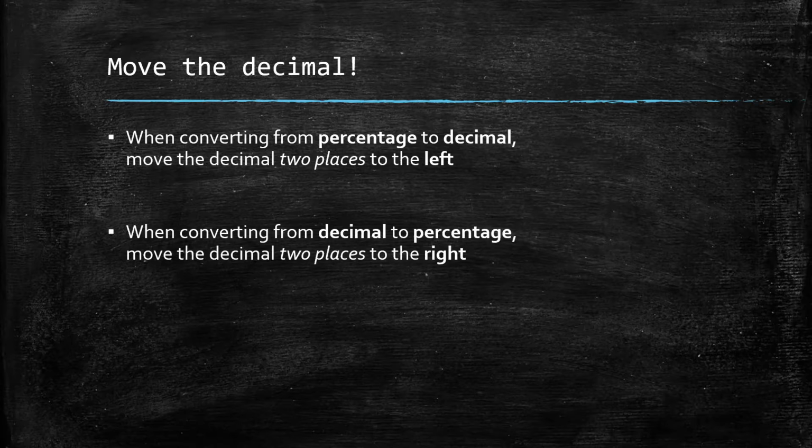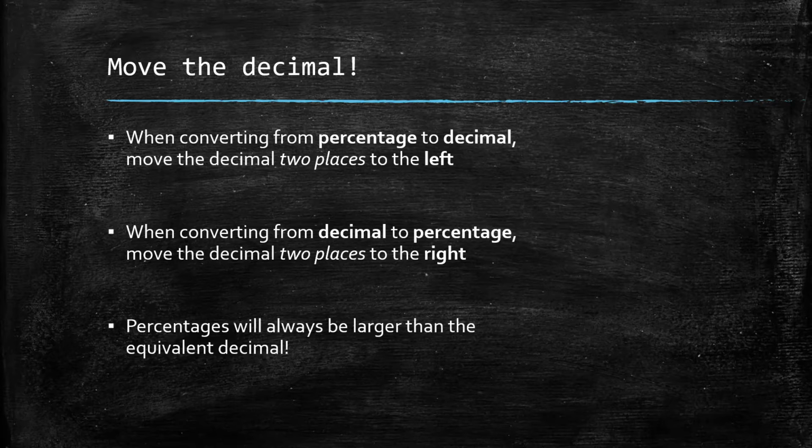If we go the other way, which we haven't done, but if we were to go the other way, we would move the decimal 2 places to the right. So 0.37 would become 37%. 0.61 becomes 61%. So you need to ask yourself, are we going from percentage to decimal or decimal to percentage? And that will tell you what direction to move the decimal.